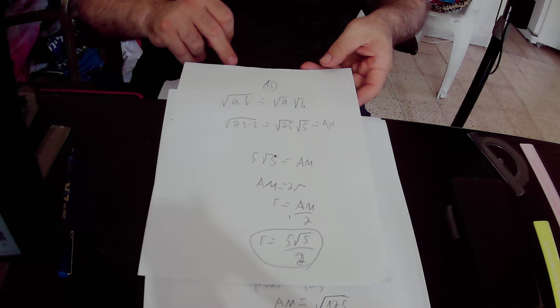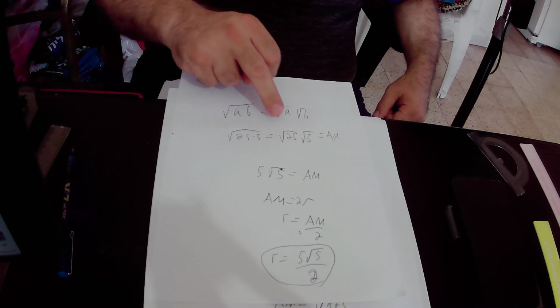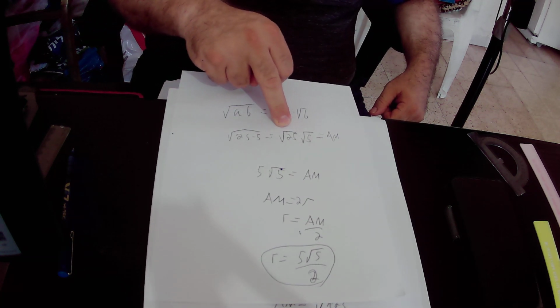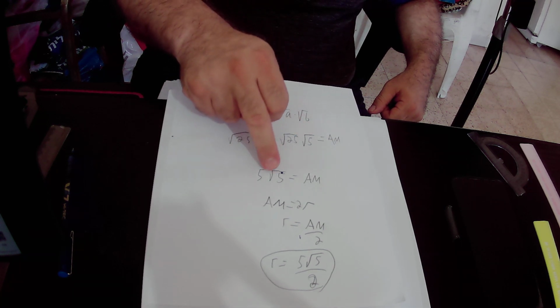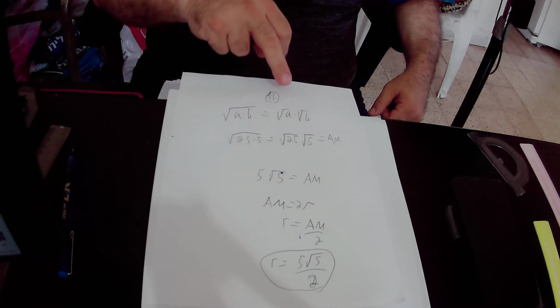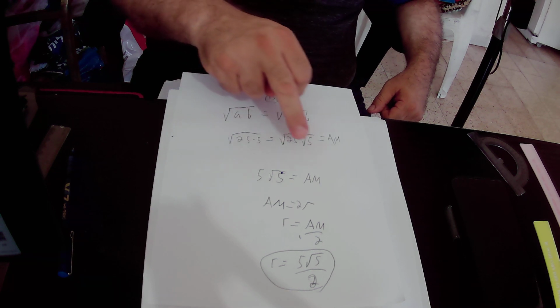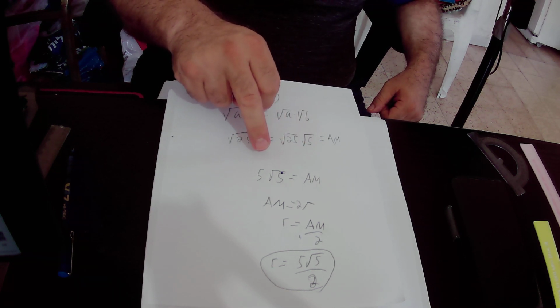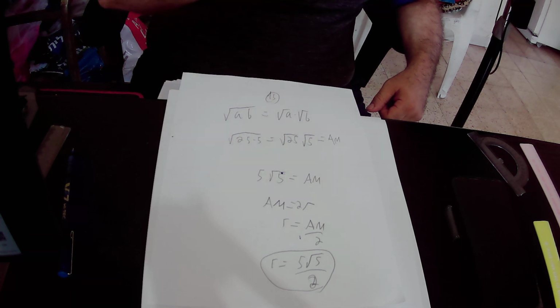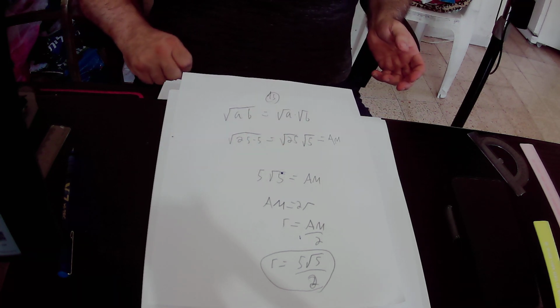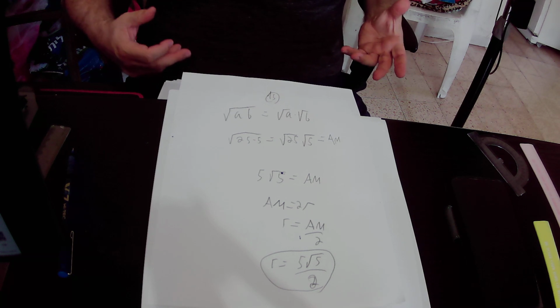And the square root of 25 equals 5. I have here square root of 5, we left it as it is. So actually AM, that is the diameter of the circle, equals 5 times square root of 5. Okay? What is the diameter of any circle?